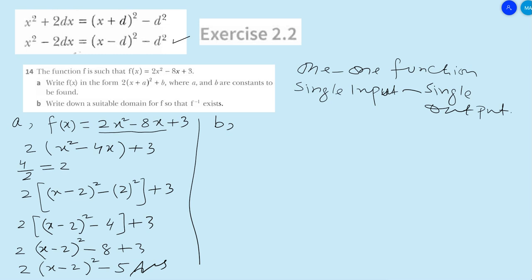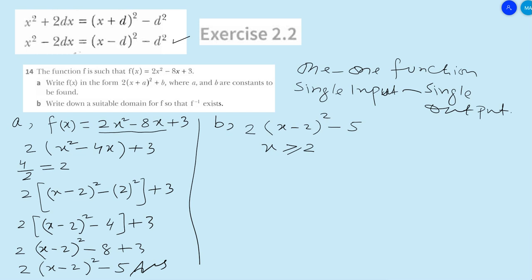So the question is, write down a suitable domain for f so that f inverse exists. Our final answer of part A: 2(x minus 2)² minus 5. So students, if we put the values of x greater than or equal to 2 in the above function, then the function has an inverse, or we can say f inverse exists, otherwise not.